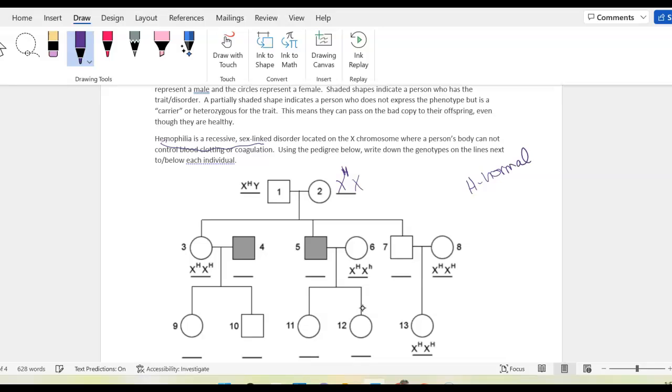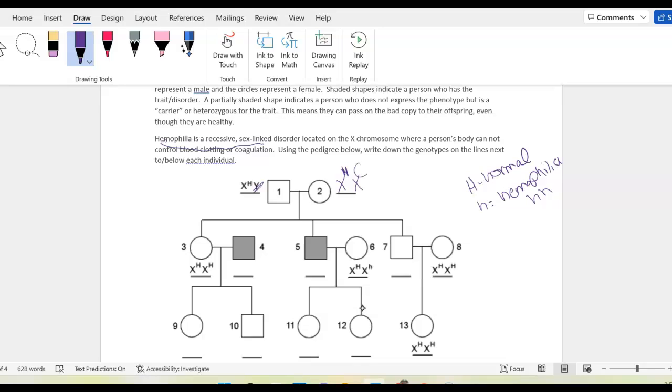Capital H is normal, and a little h would be hemophilia. Although remember that it had to be little h on both X's if it was a female, okay? Now, the Y doesn't have any H's on it because the hemophilia gene is only found on the X chromosome.